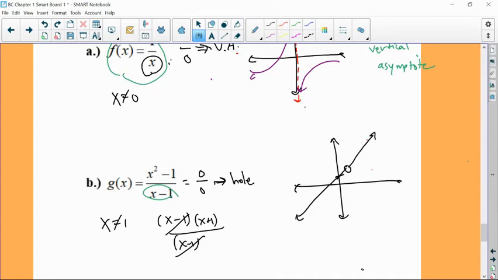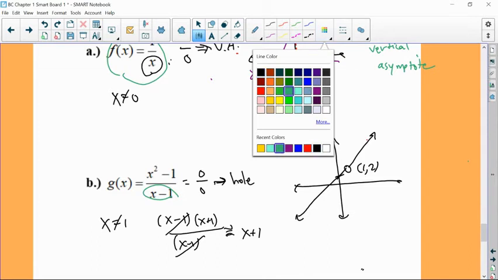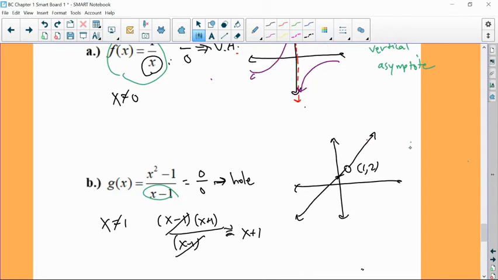And I know the spot of that hole is (1, 2), because when I put in 1 to the remaining part, 1 plus 1 is 2. But again, going back to the discontinuities here, it's a hole, right? It's removable, and a removable discontinuity only has one choice.